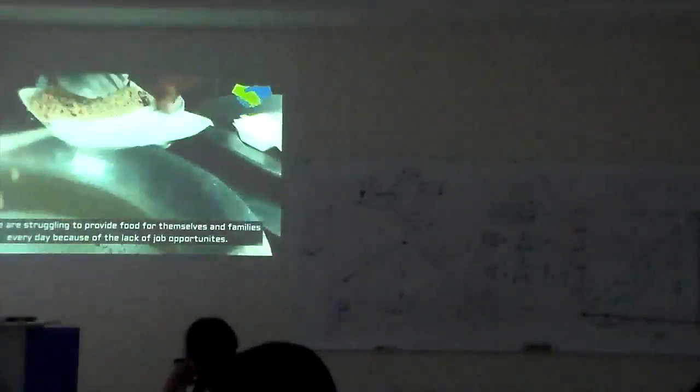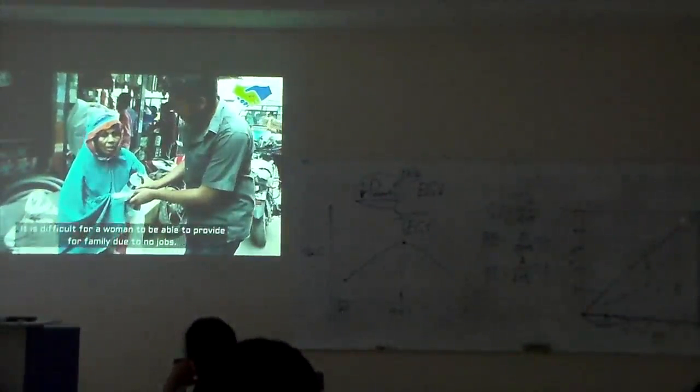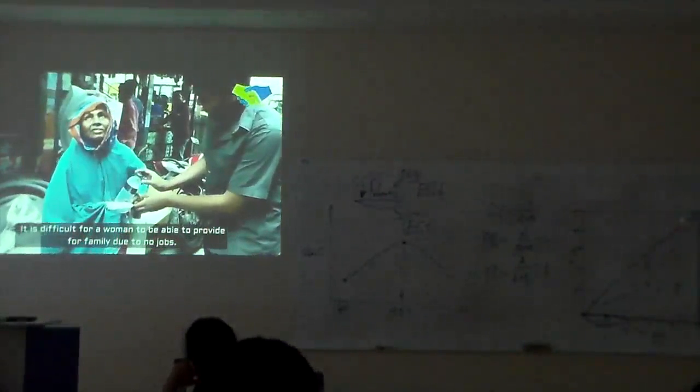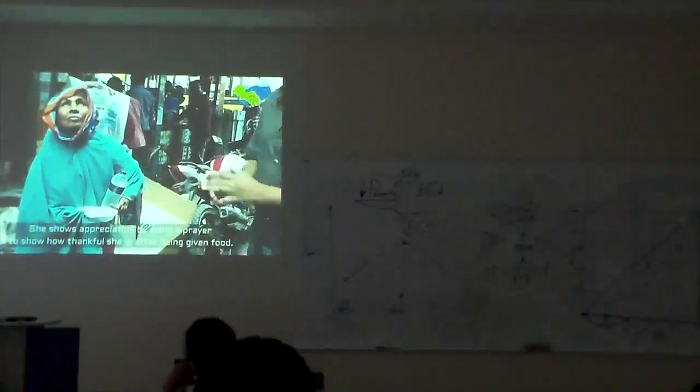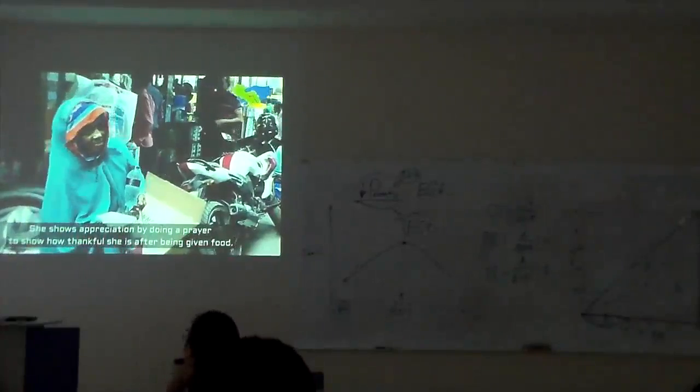People are struggling to provide food for themselves and their families every day because of the lack of job opportunities. This poor lady is begging for money to be able to buy food for her family. It's difficult for a woman to provide for a family due to no jobs. She shows appreciation by doing a prayer to show how thankful she is after being given food.